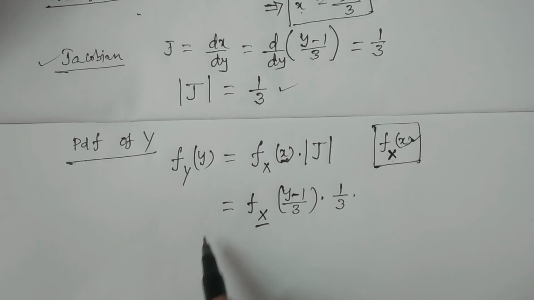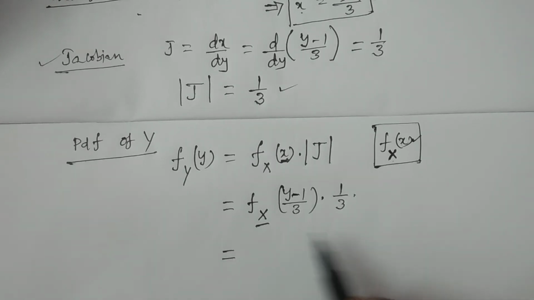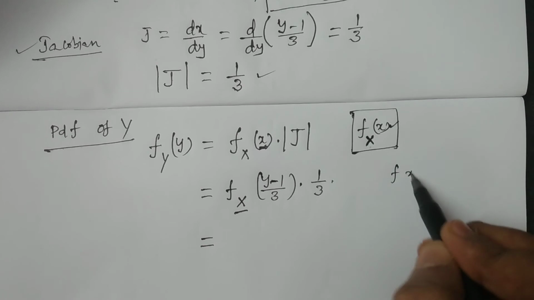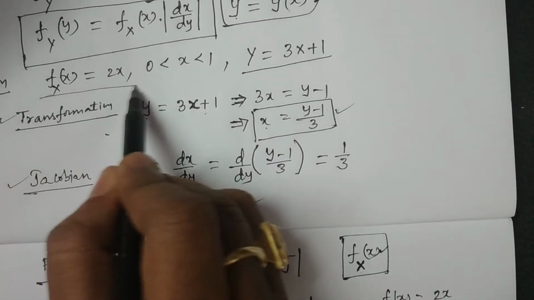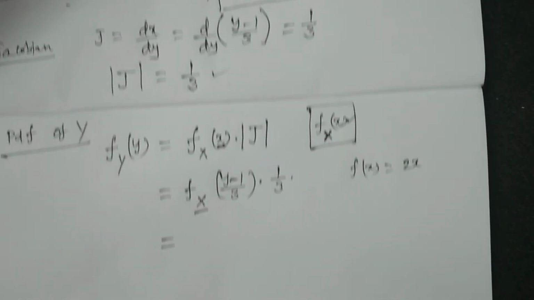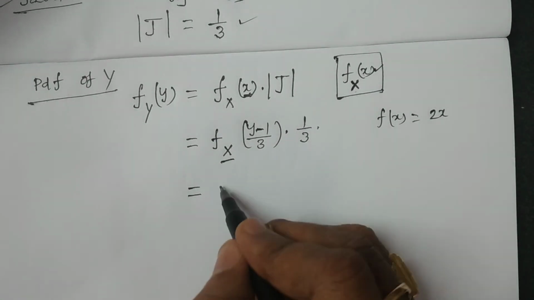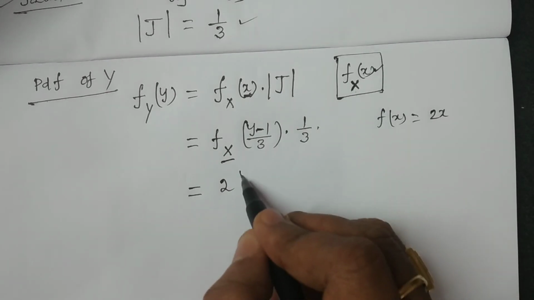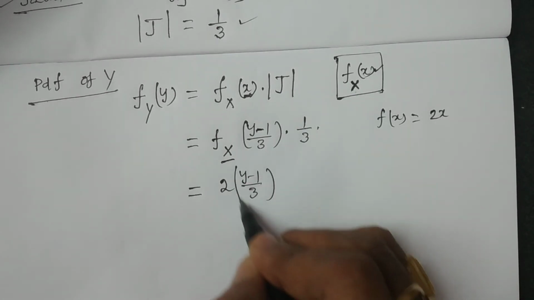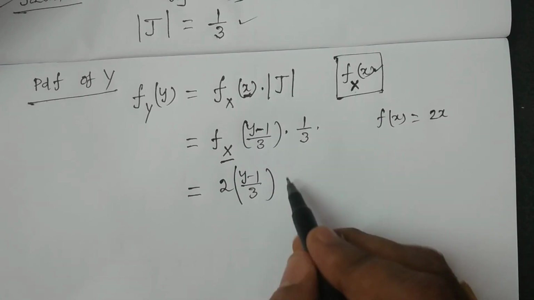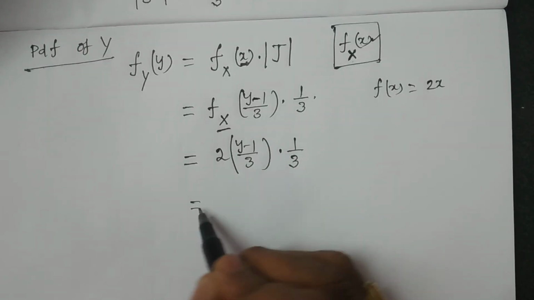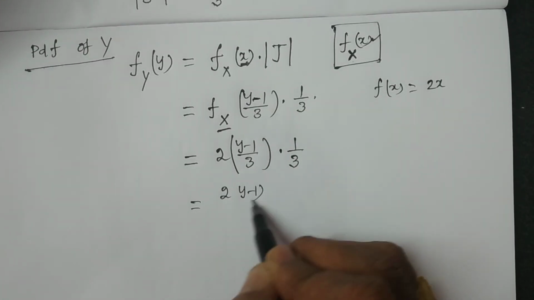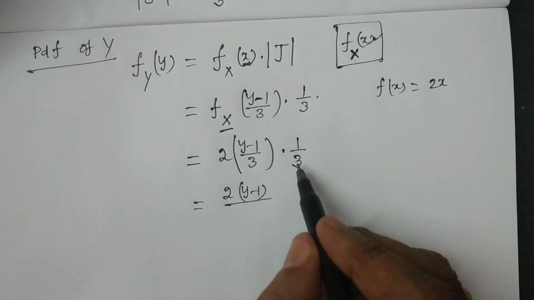So if you write now the density function of x, f_X of x, it was given as 2x between the limits 0 to 1. So I'm writing 2x here, and you replace x with (y minus 1) by 3. Do you understand now? Now we have transformed. That is nothing but the one variable transformation method. Now the probability density function of y is calculated.